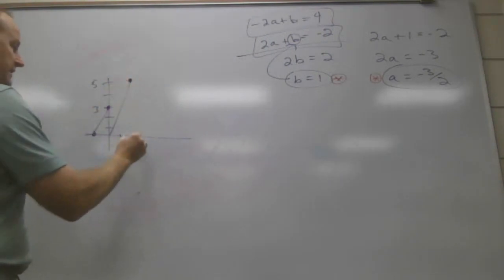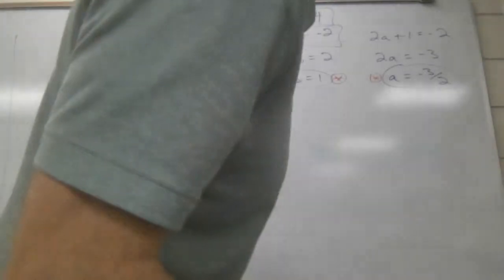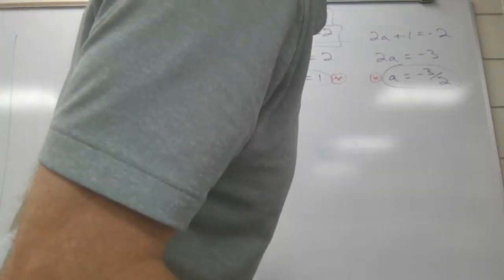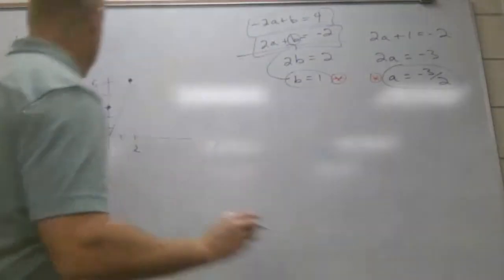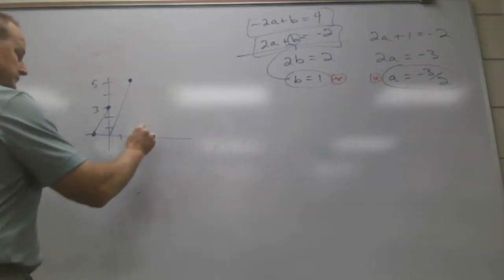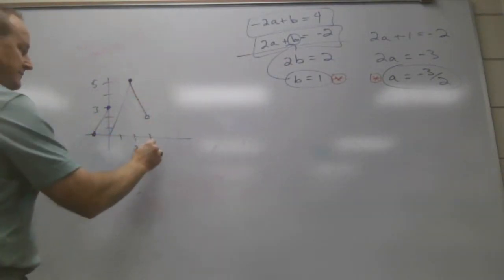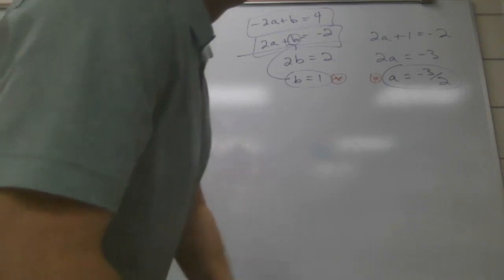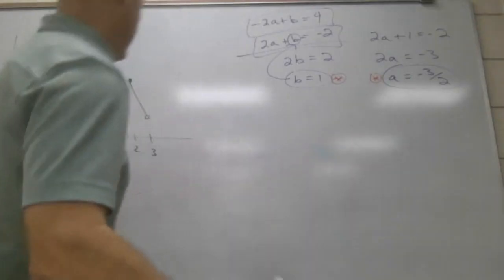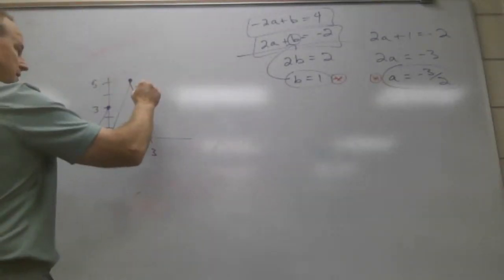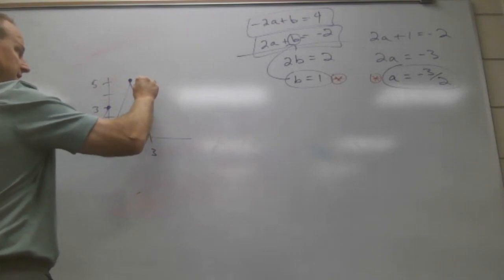So we have the 0.25 on there. And then we go down at 3 to a height of 2. And then there's a point at 4. It's an open dot. And then there's a point at 3, it's a height of 4. Yep. So that's a dot there.